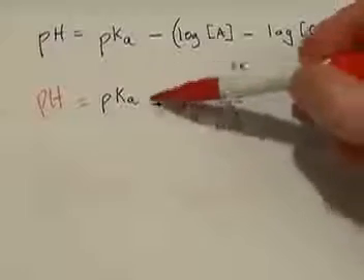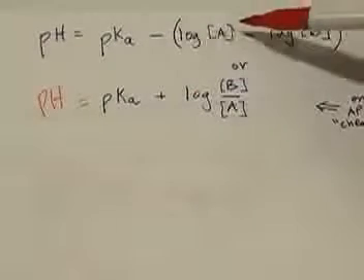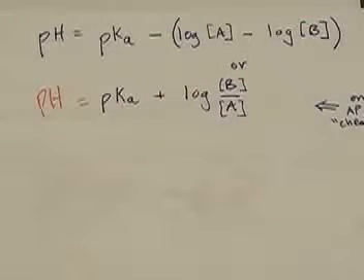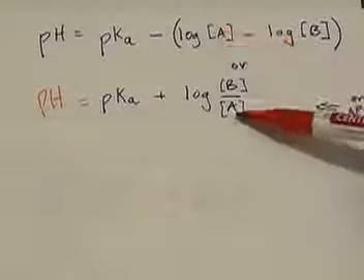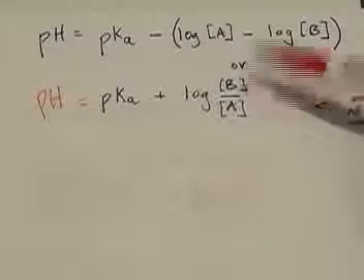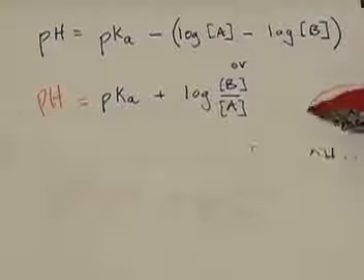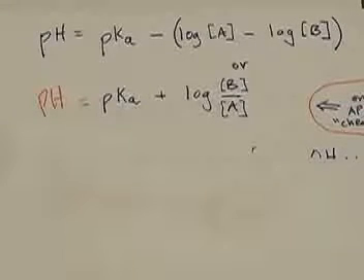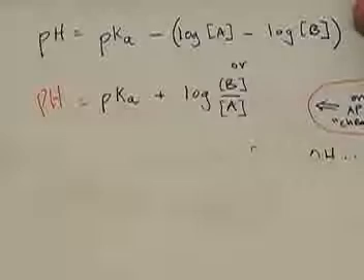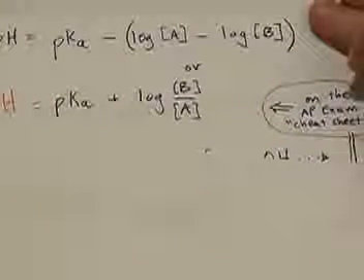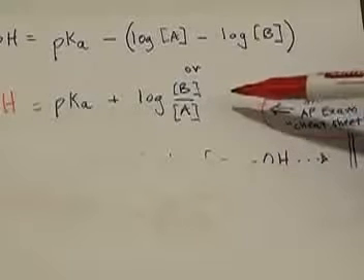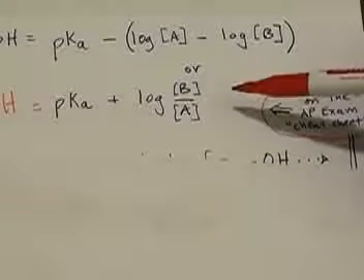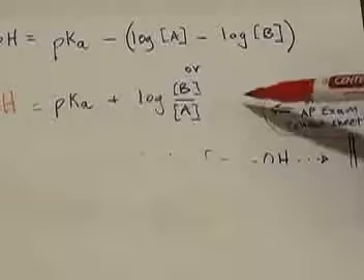Notice there's a plus sign in here now because I distributed this negative through there, and then I took the negative thing and put it on the bottom, and the positive thing on the top. This is the way the equation is given on the AP exam sheet, and you'll see this equation in your textbook on page 727.